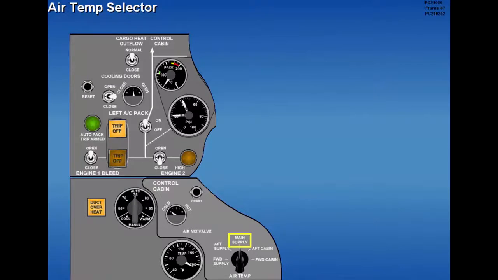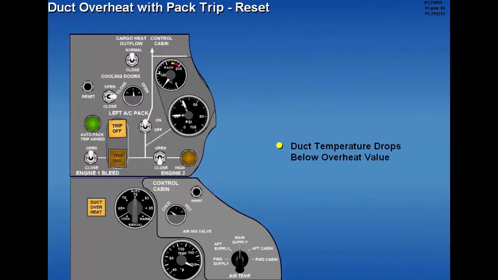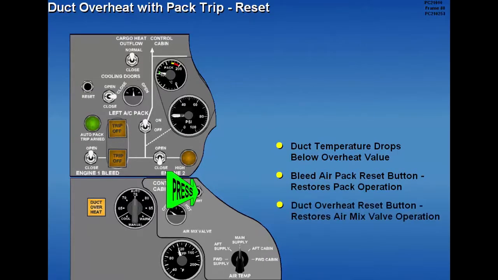Selecting main supply with the air temp selector displays an off-scale indication on the air temp indicator. When duct temperature drops below the overheat value, the bleed air pack reset button is pressed, extinguishing the pack trip-off light, restoring pack operation. Pressing the duct overheat reset button extinguishes the duct overheat light, restoring air mix valve operation.